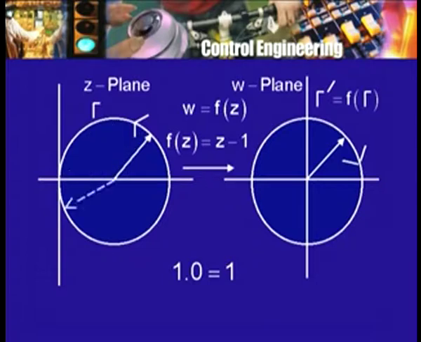This is traversed counterclockwise, then this is also traversed counterclockwise. Now, so the senses are the same. Now we look at the number of encirclements of the origin by this image contour gamma prime. The number is 1, and because the two senses are the same, we do not change the sign of this number, that is, we count it as plus 1 only.